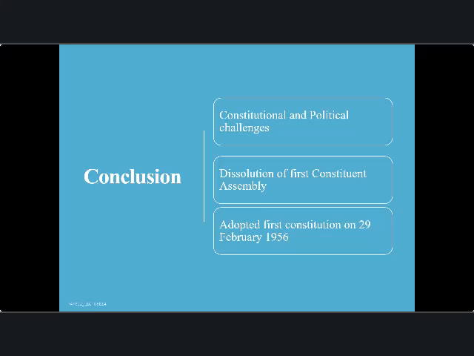Finally, after 9 years of struggle, Pakistan adopted its first constitution on 29th February 1956, establishing a federal parliamentary system and declaring the country the Islamic Republic of Pakistan.